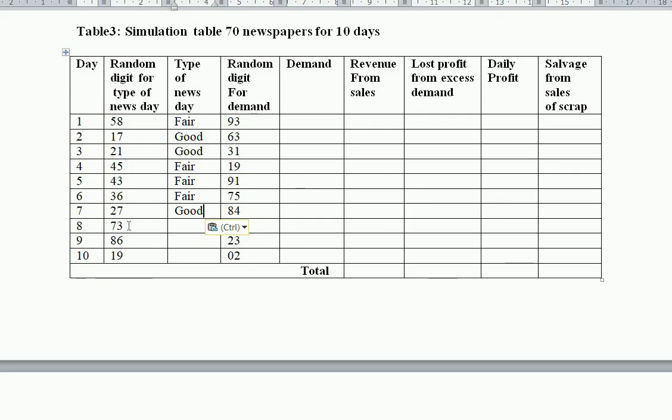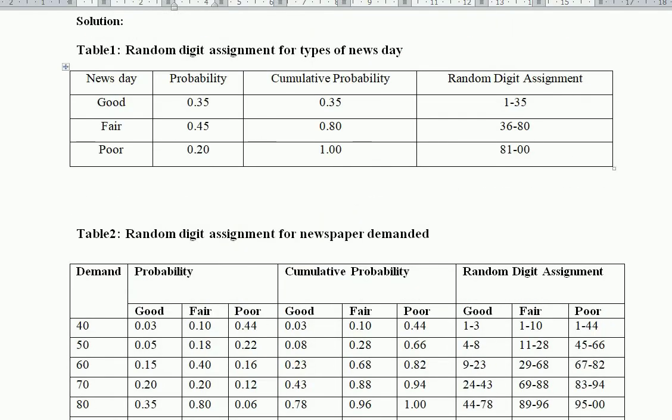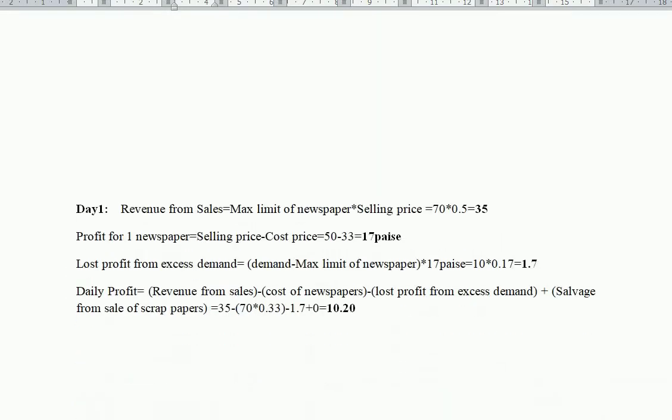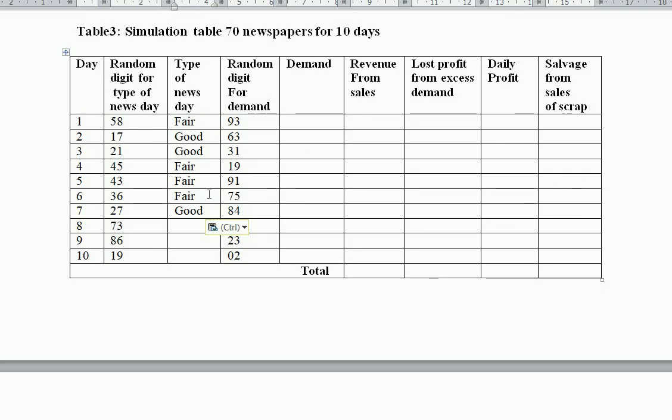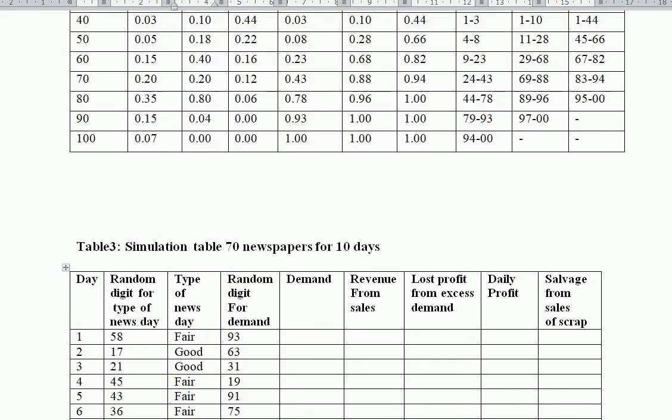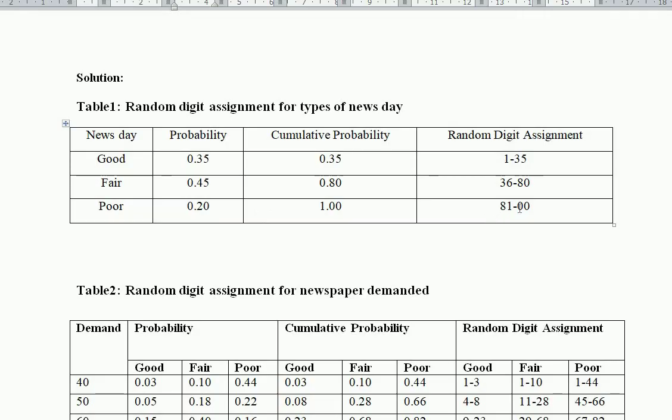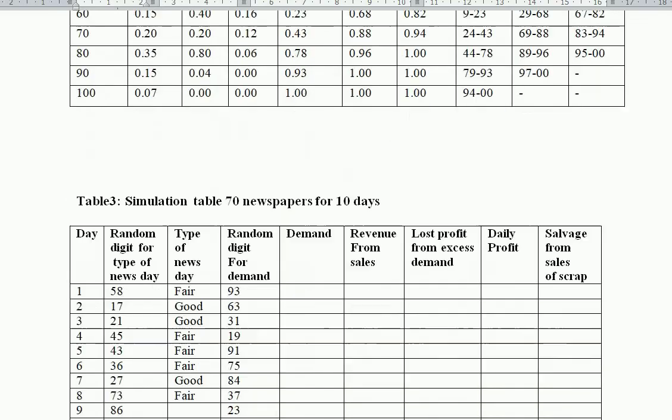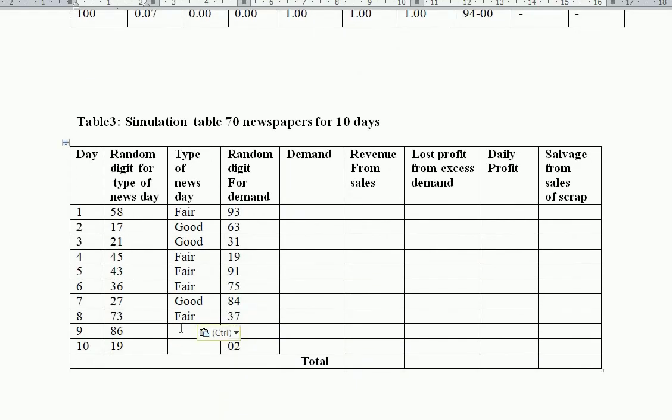The next one is 73. 73 lies between 36 to 80, that is fair itself, so we have to type it here as fair. 86 lies in poor. You can see where the 86 lies, that is 81 to 00, so the type of news day is poor.